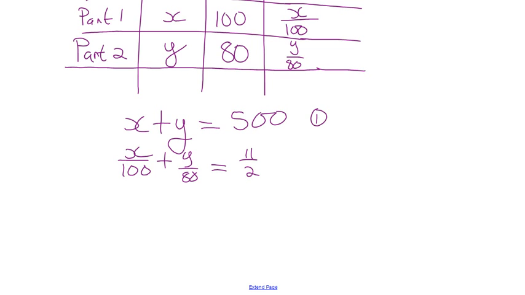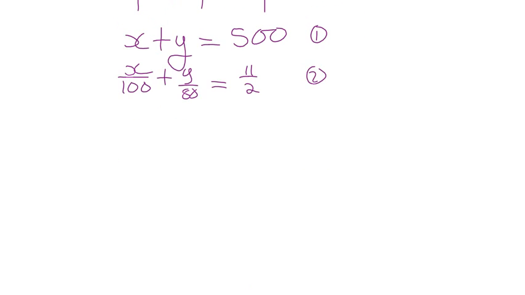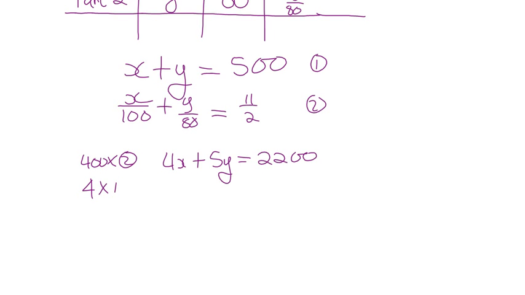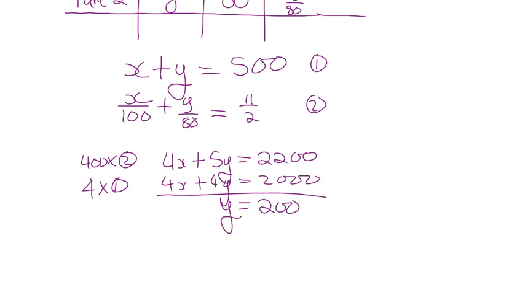I'm going to start off by 400 times 2, and then 4 times 1. So y is 200. Okay, and then x is 300.